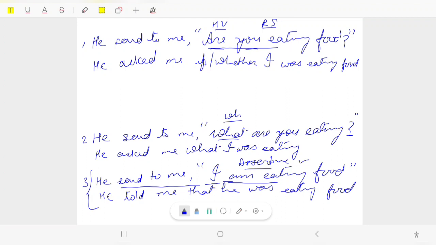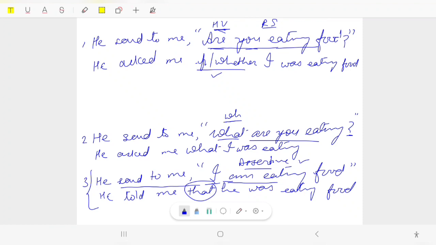Now we'll discuss what happens if there is an interrogative sentence in reported speech. There are two kinds of interrogative sentences: one which begins with a WH word, and one which begins with a helping verb. If the sentence in reported speech is interrogative and begins with a helping verb, then instead of "that" we use "if" or "whether."